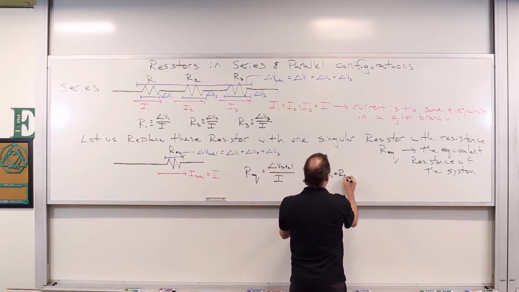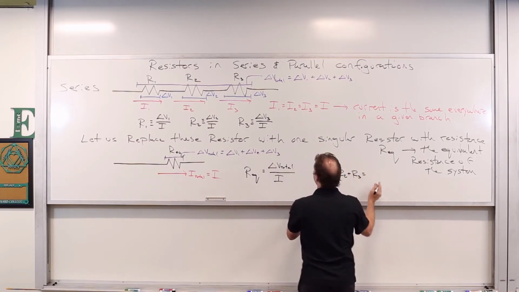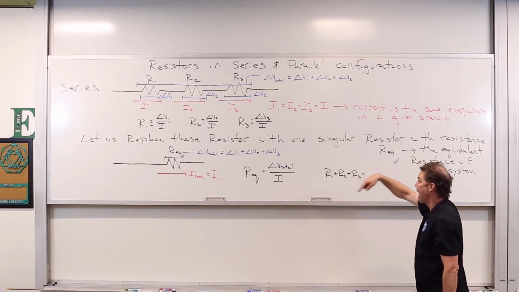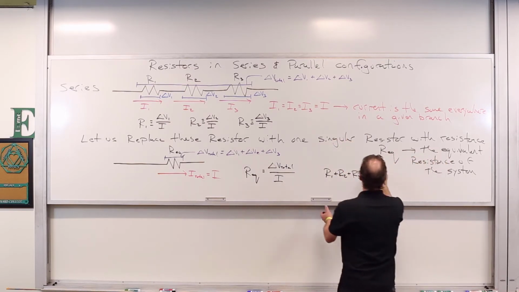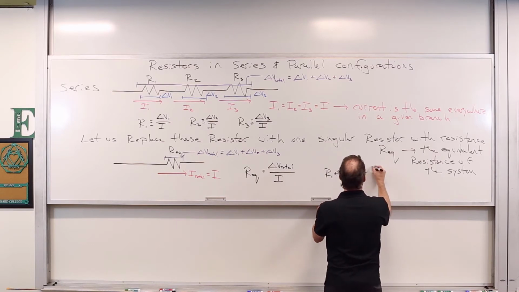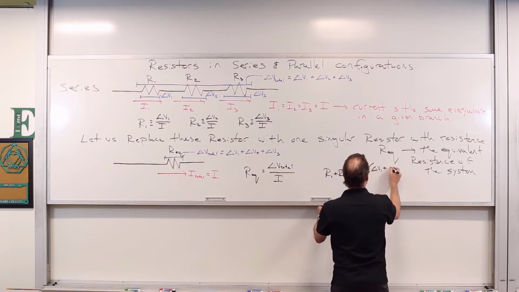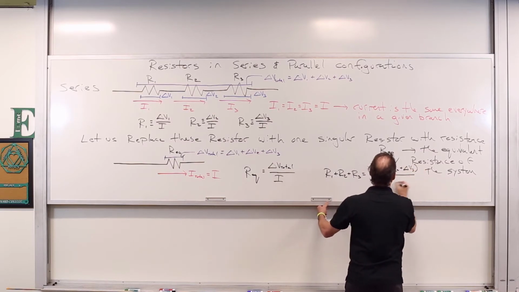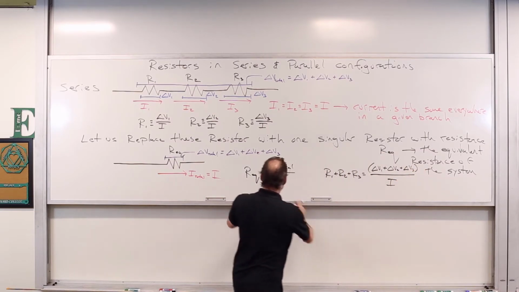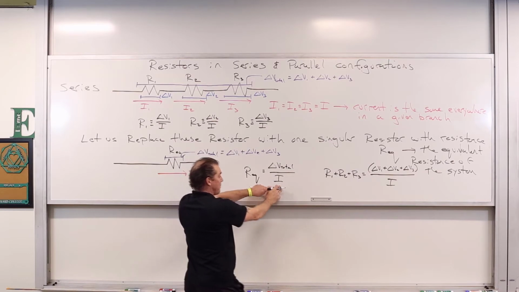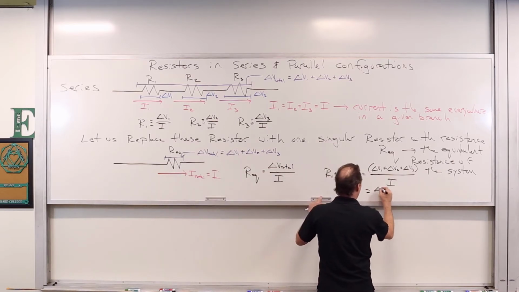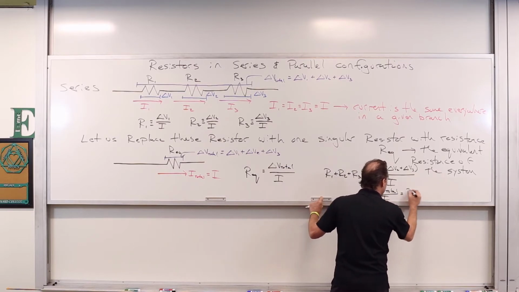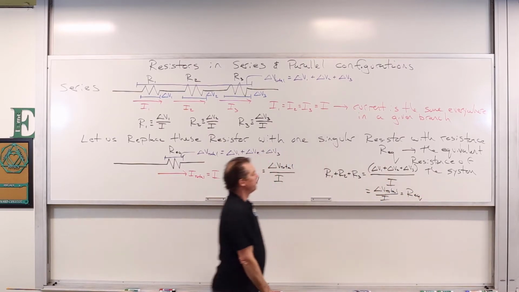R1 plus R2 plus R3 is going to be equal to delta V1 over I plus delta V2 over I plus delta V3 over I. They're all over I, so I can write this as delta V1 plus delta V2 plus delta V3 divided by I, which is delta V total divided by I, which is Req.